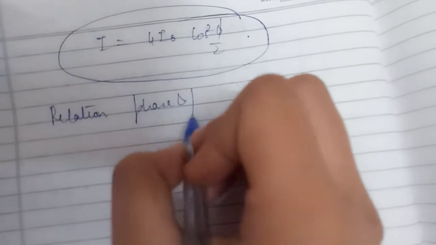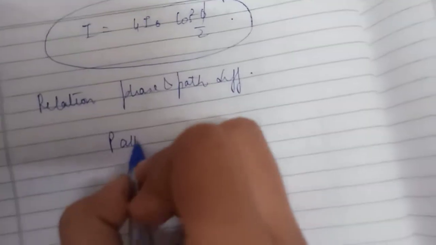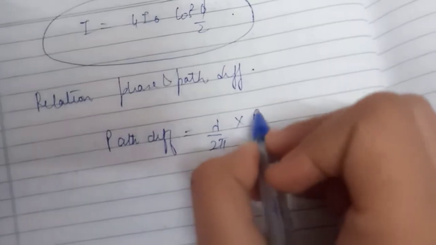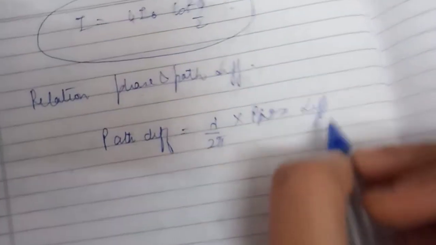Now if I go for the relation between phase and path difference, the path difference is lambda by 2 pi into the phase difference.